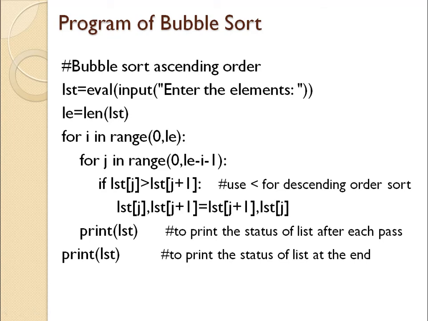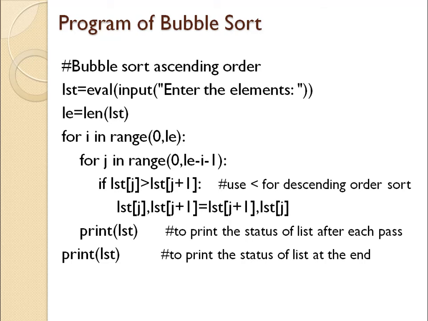So in this program the most important thing is this length minus 1 minus i. You should read it like this: length minus 1. Why? Because the last index will be the actual length minus 1. And why minus i? Because at each iteration of i, one element will be placed at its exact position, so you do not have to compare it again in the second pass. So that's how at each pass the number of comparisons decreases.